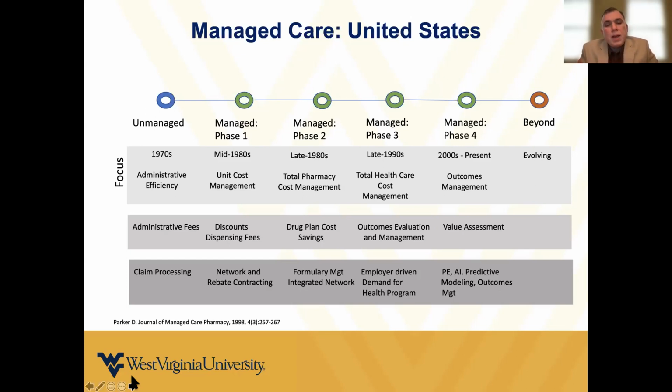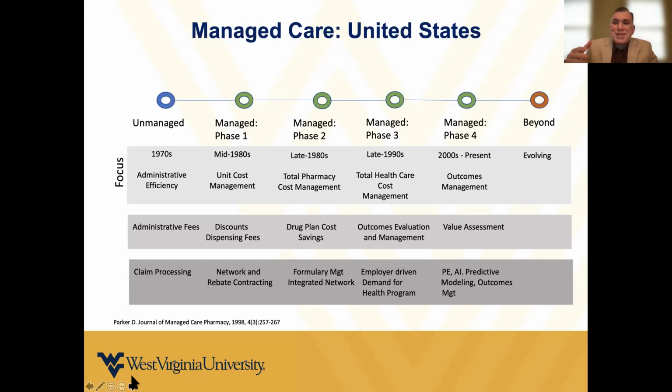And then as it evolved over time, the focus shifted to unit cost management, pharmacy cost management. Then we started talking about healthcare cost management. And then finally, in the 2000s, the focus was on outcomes management.